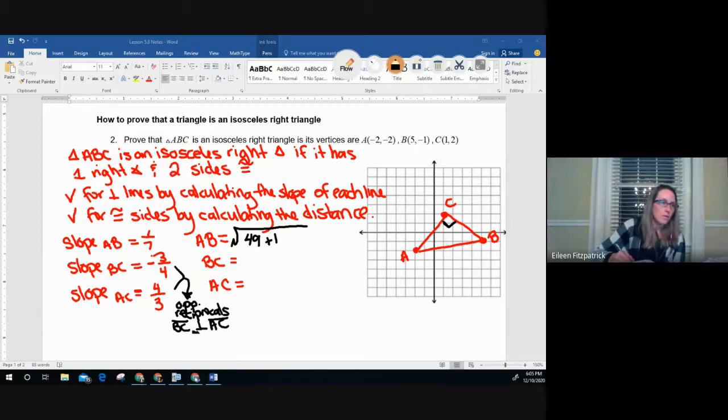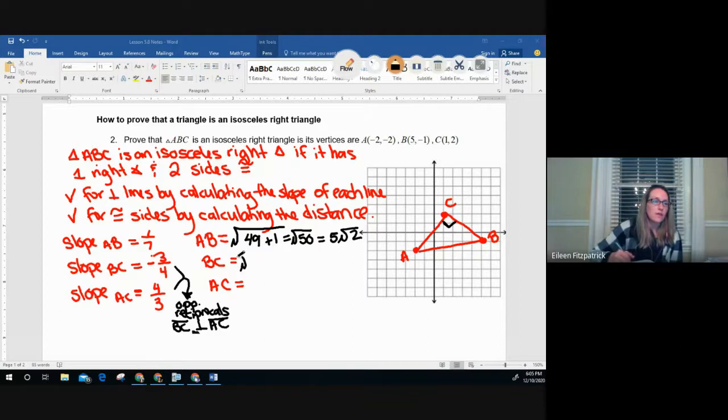So that's going to be the square root of 50, which I actually don't need to simplify because I just need to know if any of them are the same. But I will go ahead and simplify because it's good practice. 25 times 2, so it's 5√2.